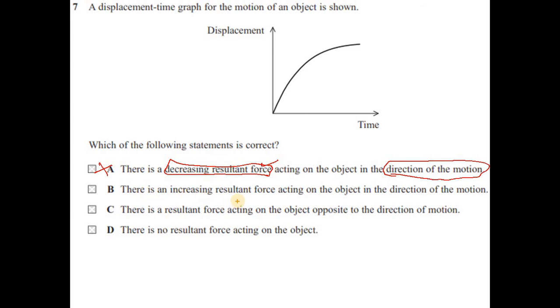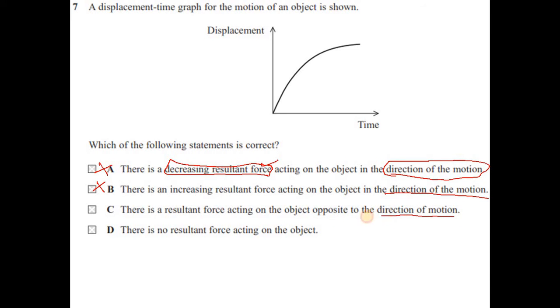That means velocity will be increasing, but the rate of increase in the velocity would be less as time passes. There is an increase in the resultant force acting on the object in the direction of the motion, so we expect the velocity of the object to be increased, so it cannot be B. There is a resultant force acting on the object in the opposite direction of the motion.